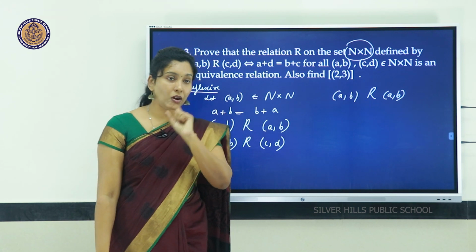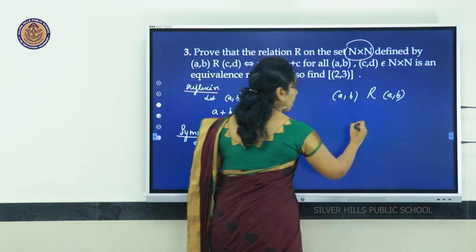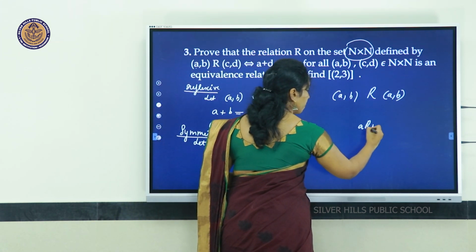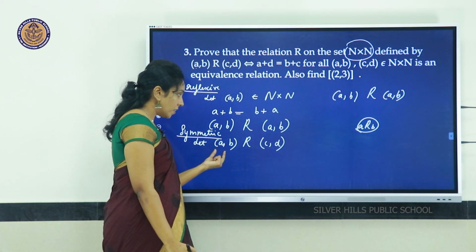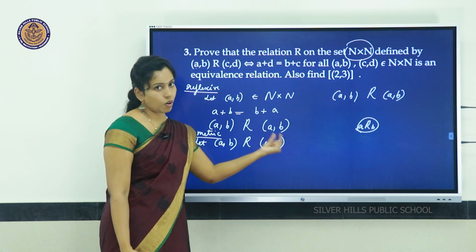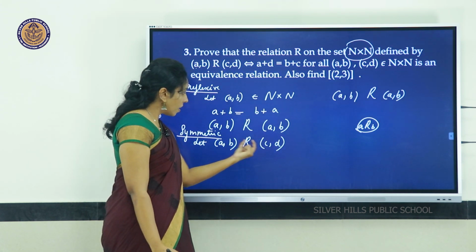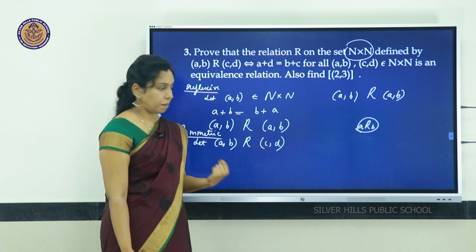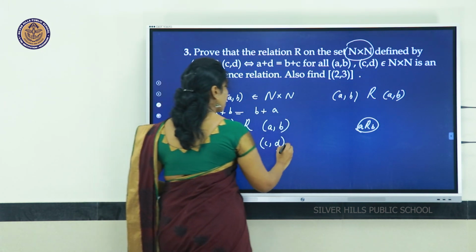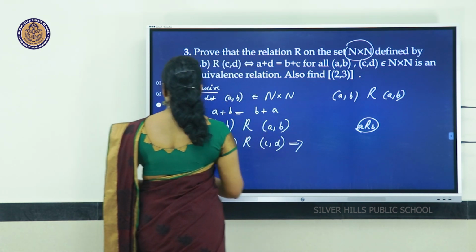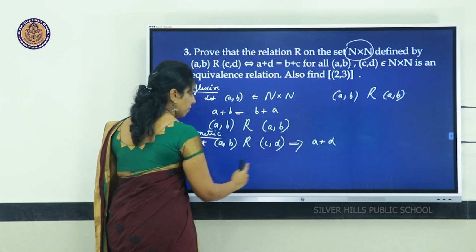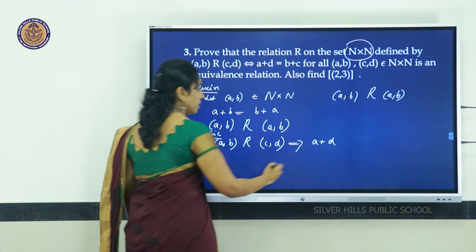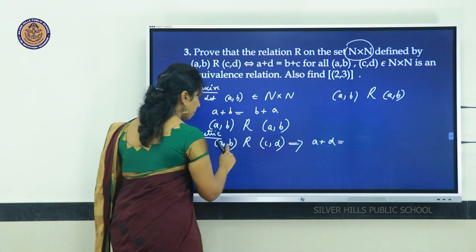Let AB belong to R, or I would say let a be related to b. Instead of this, I am using an ordered pair related to another ordered pair. The only difference is the elements are ordered pairs. Now, what does this mean? This implies A plus D, first element and this element, A plus D is equal to B plus C.